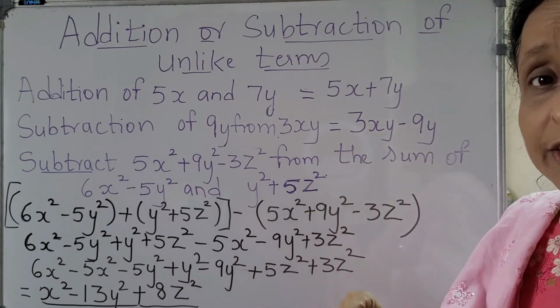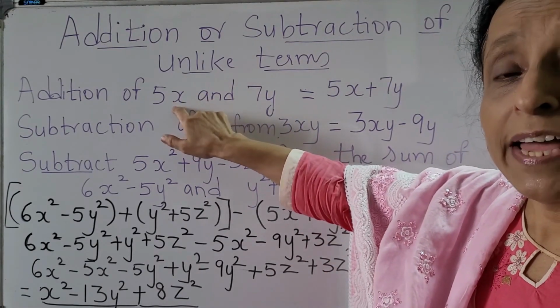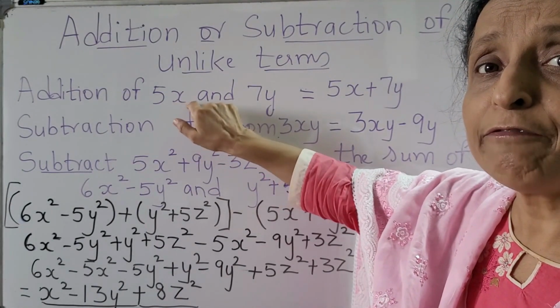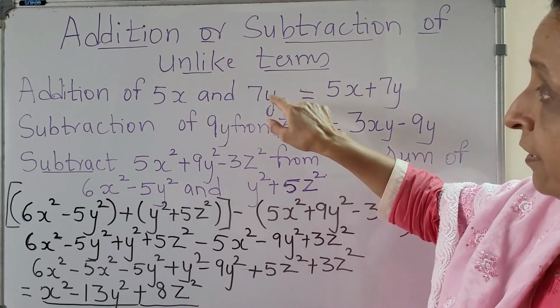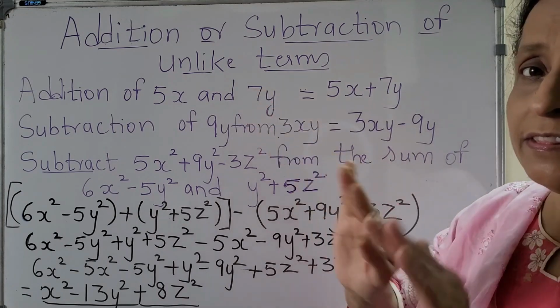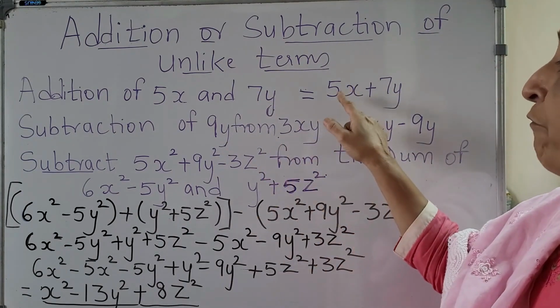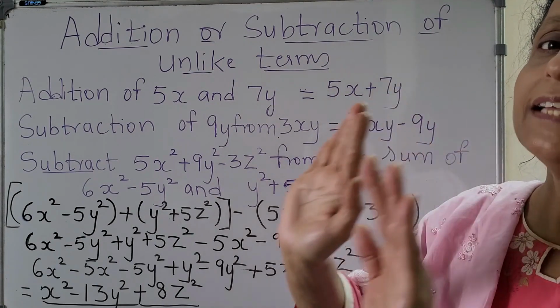Here one term is 5x: the numerical coefficient is 5, and the term is x. The other term is y, with numerical coefficient 7. The numerical coefficients cannot be added; they have to be written as 5x plus 7y as it is.